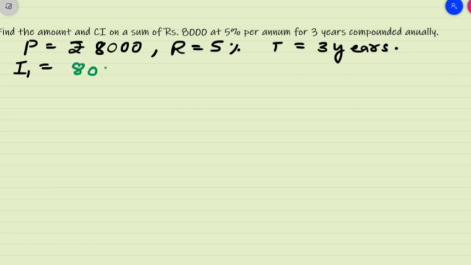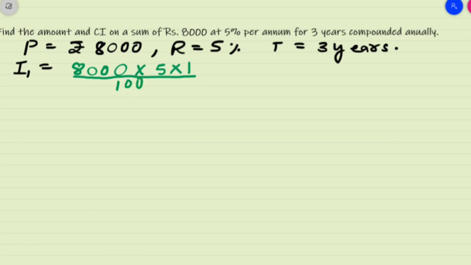So the interest for the first year will be principal, which is 8,000, isn't it? Principal amount is rupees 8,000 into rate is 5% and time we shall take as 1, divided by 100.